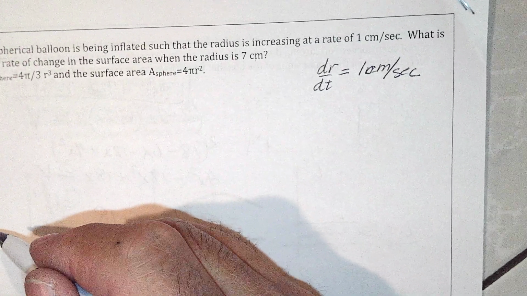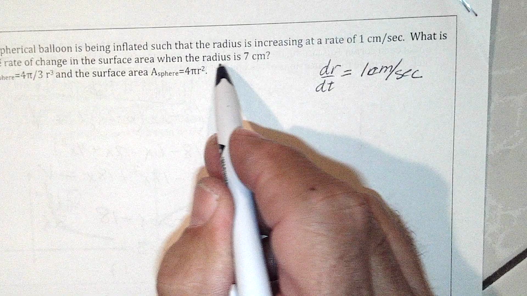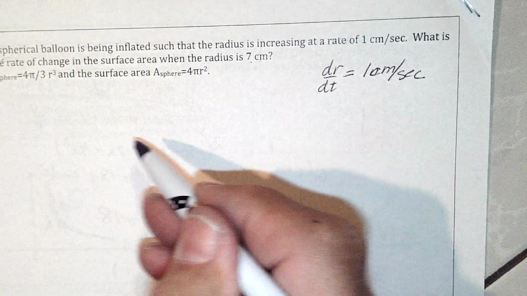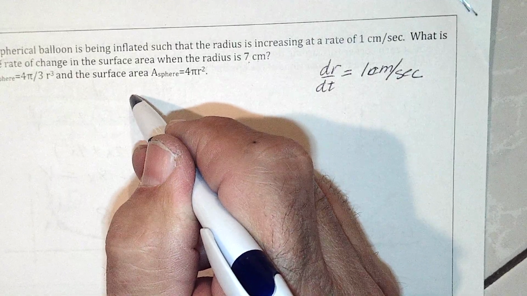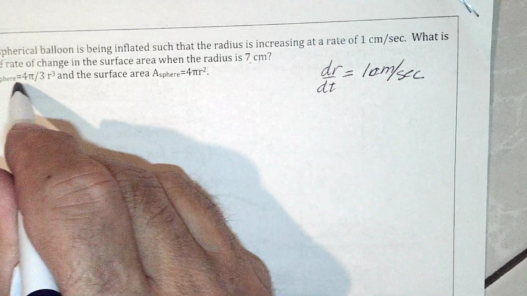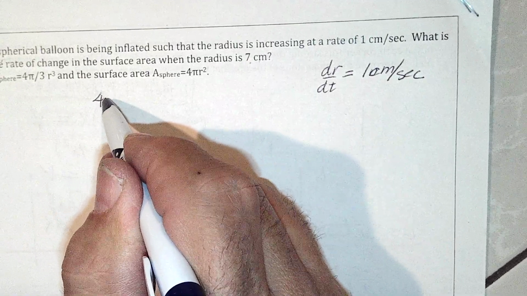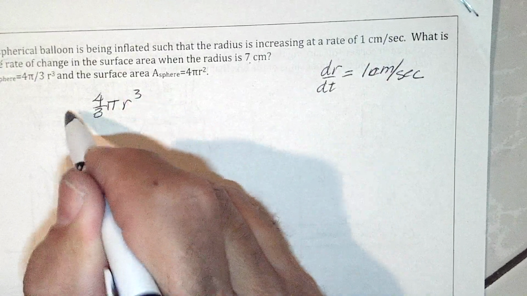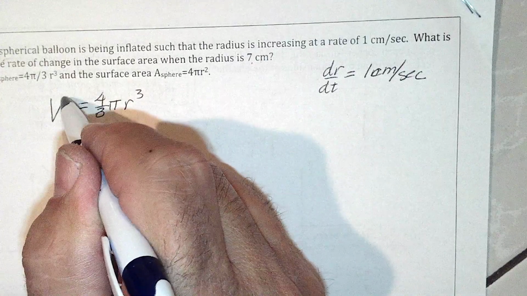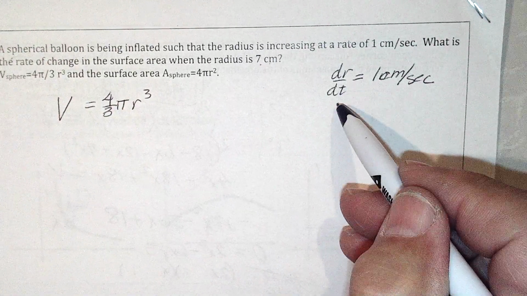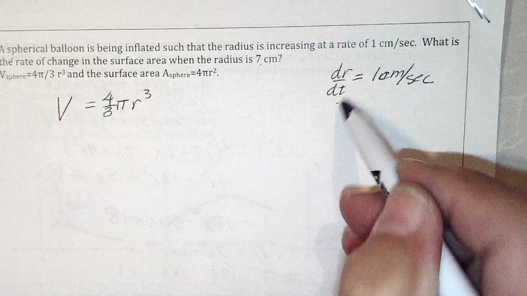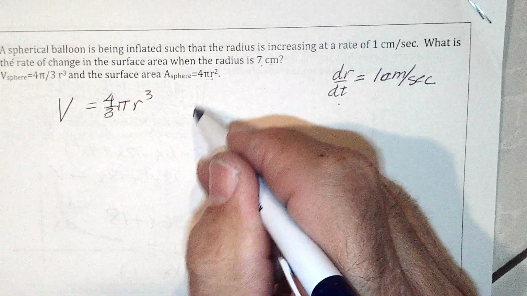Oh my goodness. When the radius is 7. So the volume is 4/3 pi r cubed. And the radius is changing at this rate. The surface area is this formula.